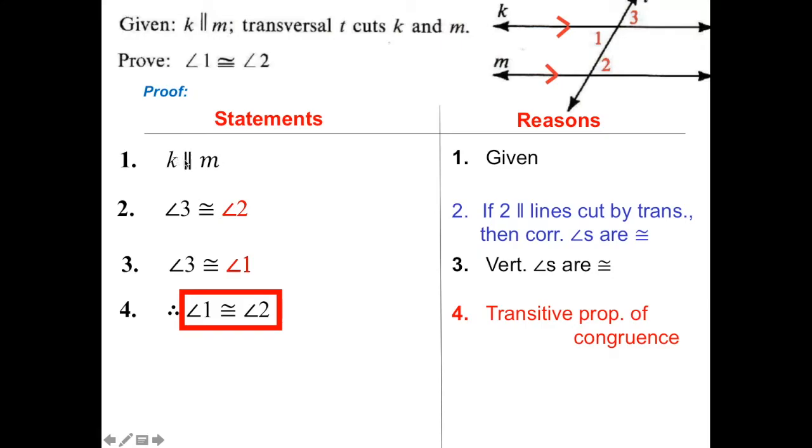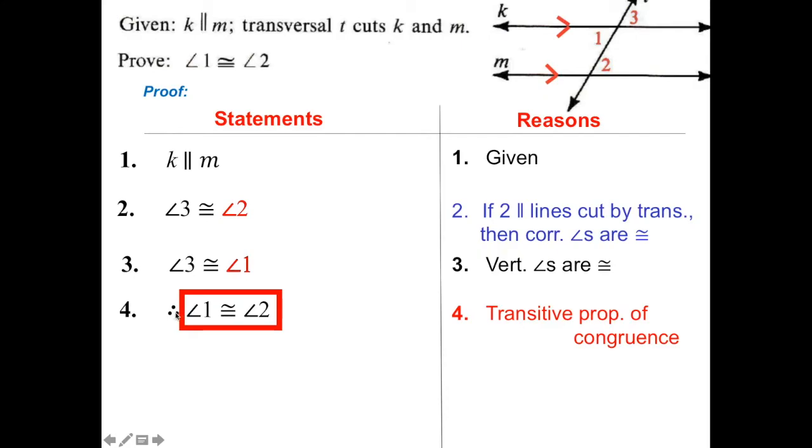If I read out this whole proof, you should see a full justification getting us from the beginning to the end. So if I read it, I could say, if K is parallel to M by given, then angle 3 is congruent to angle 2 because if two parallel lines are cut by a transversal, then corresponding angles are congruent. Then angle 3 is congruent to angle 1 because vertical angles are congruent.